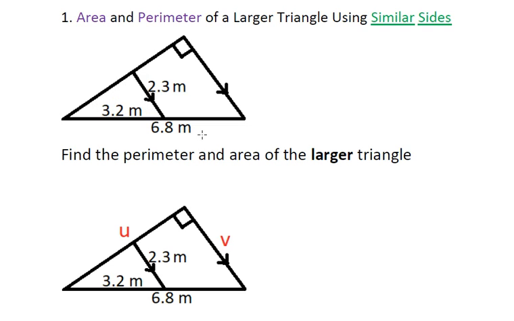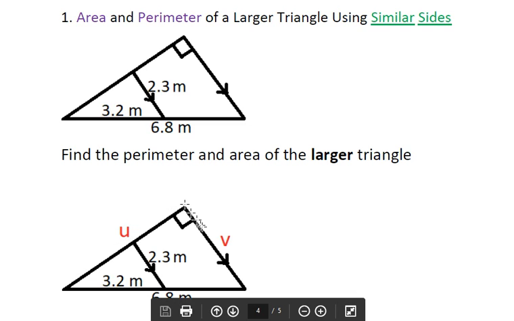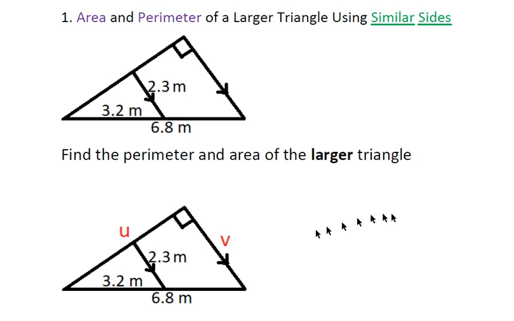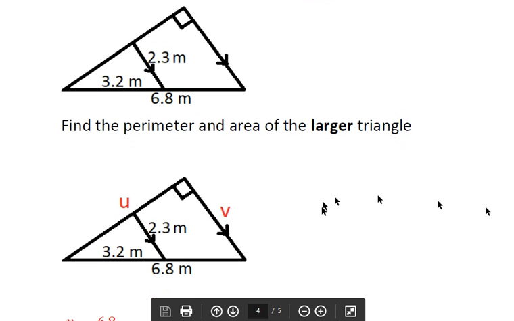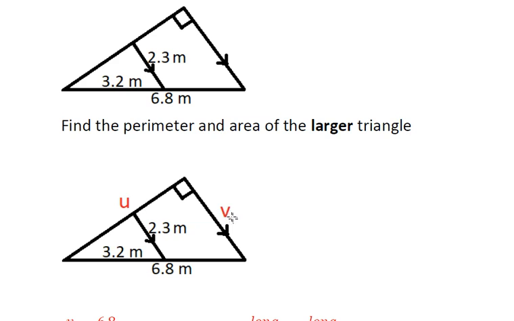Now to solve this, we're going to have to work out this entire side here and this side here, because you'd need them to work out the perimeter, and you actually need them to work out the area as well. Now we can work out V, and it's a little bit difficult to see how to work out U to begin with, but V can be worked out using our similar triangles formula.